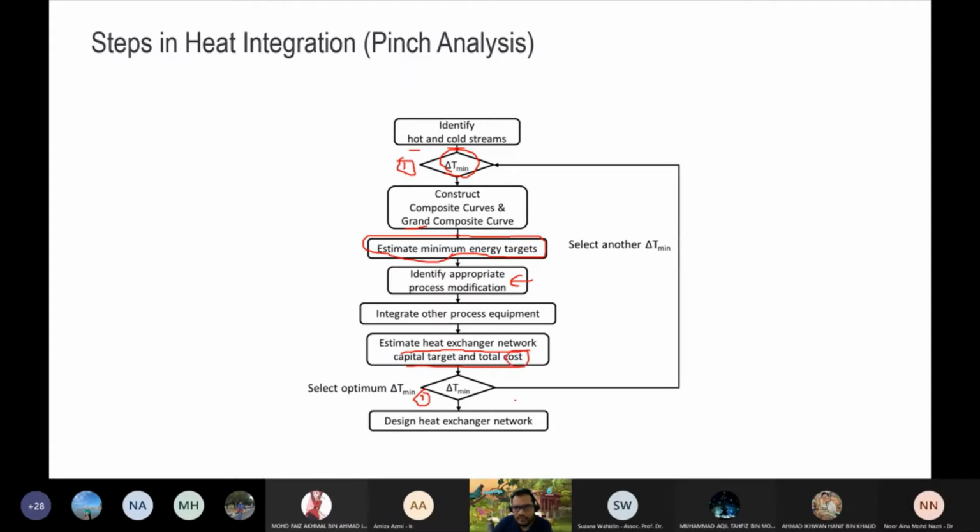Then we can check another delta T, for example delta T2, and from this delta T2 we have another cost associated with this second delta T min. Once we are satisfied with the delta T min that we select, we can go to the design of the heat exchanger network.